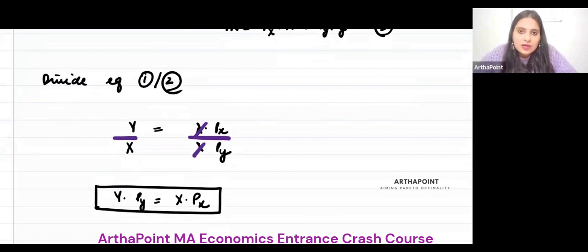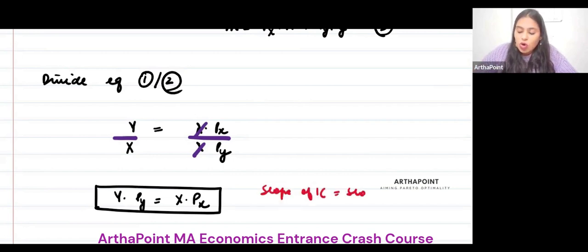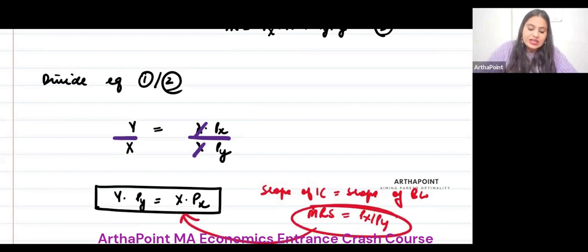This should ring a bell. This is exactly the equation we had got when we followed method 1, when we equated MRS to px by py. When we equated the slope of the IC and the slope of the budget line, that means MRS to px by py, we got exactly this equation.